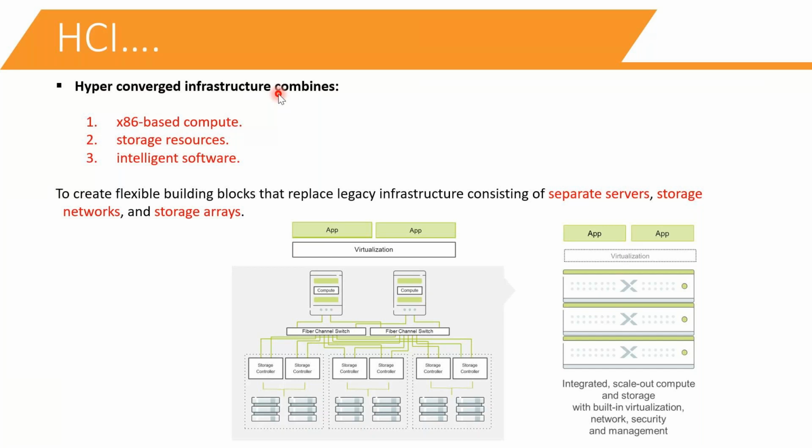Initially it required hardware because HCI was a new technology when it came to market. Without hardware, it was not easy to sell the product. Wherever they went and talked about HCI, they said you have to buy the hardware, and it has to be their own hardware, which they get from Supermicro.